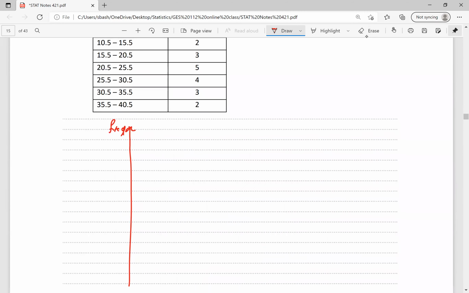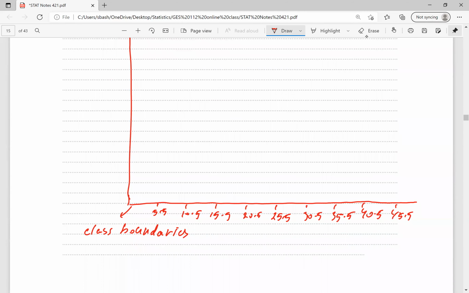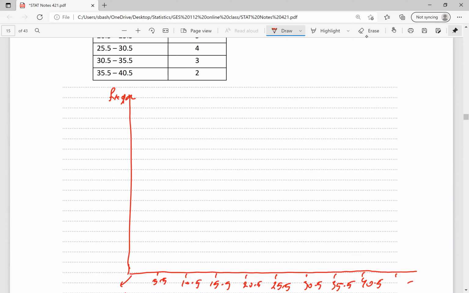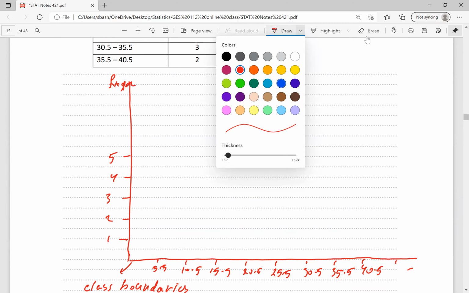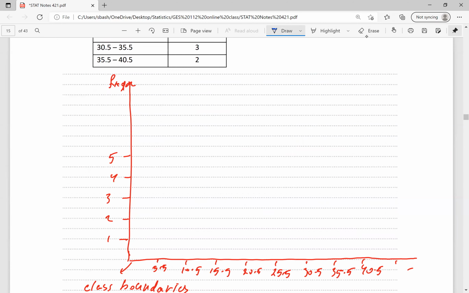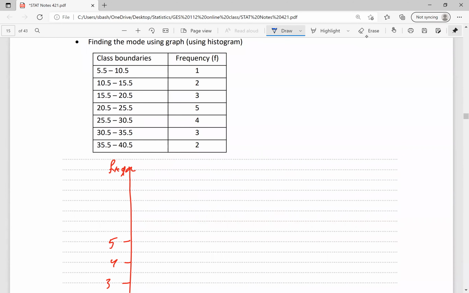The last one is 45.5. Frequencies are from 1 to 5. Let's say this is 1, 2, 3, 4, 5.